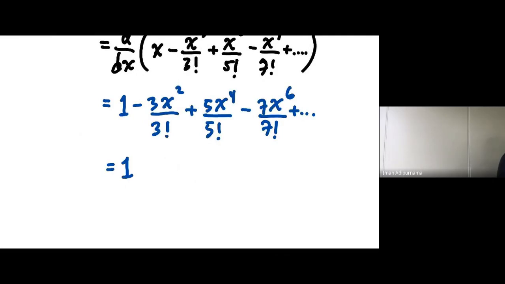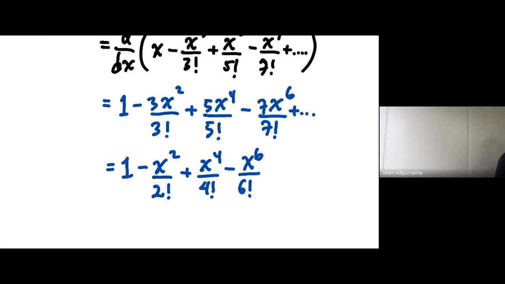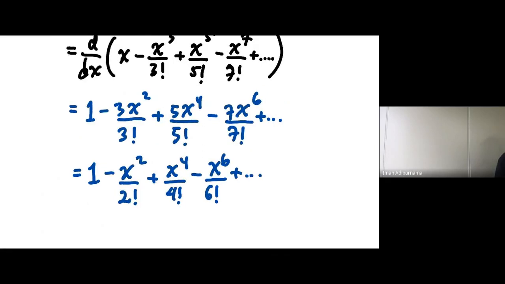And we can simplify this: it becomes x squared over 2 factorial plus x to the fourth over 4 factorial, and then x to the 6th over 6 factorial. And we get this formula. The sine is odd number, while the cosine is even number.